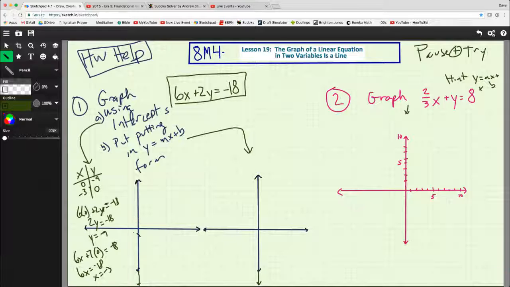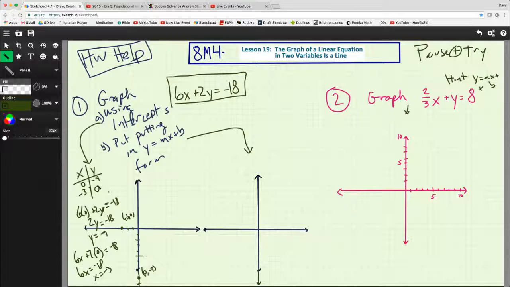So let's graph those 2 points. Negative 3, 1, 2. So that's negative 3 comma 0. And then 0 comma negative 9. 1, 2, 3, 4, 5, 6, 7, 8, 9. 0 comma negative 9.